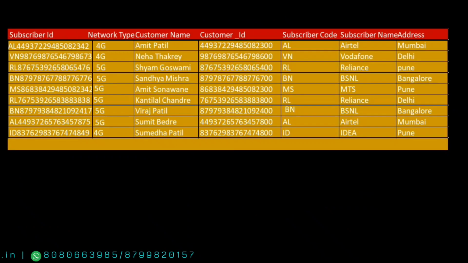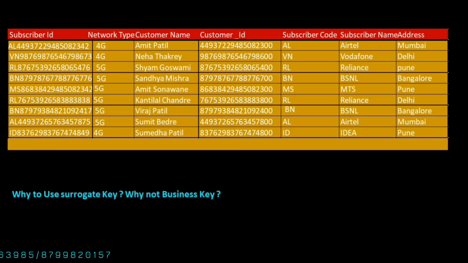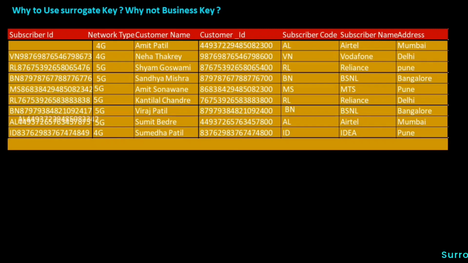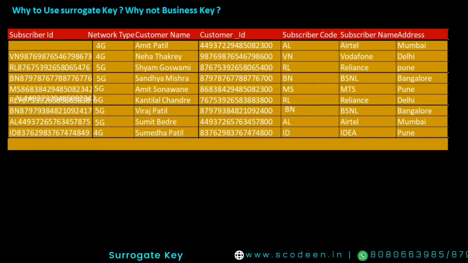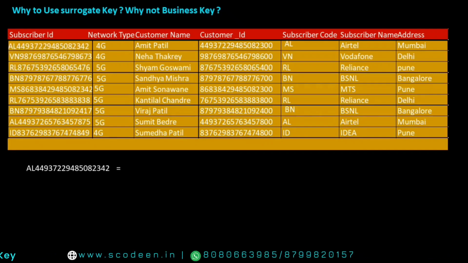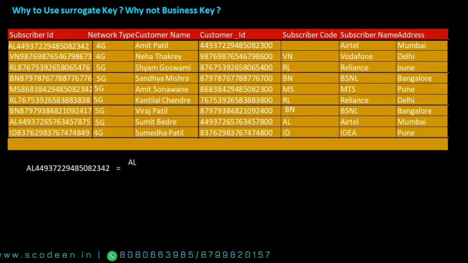Now, here you observe the table. The question is, why use a surrogate key, but why not a business key? The answer is very simple. Let's take the example here, subscriber ID. That is a primary key, and we can call it a business key. Every business key in an organization is designed with some specific logic.